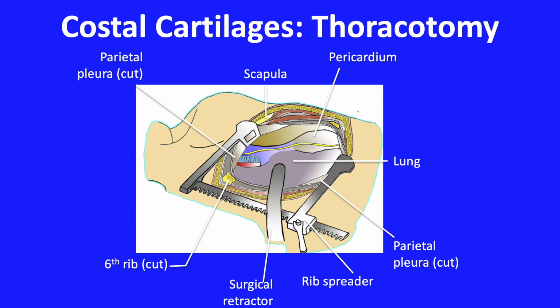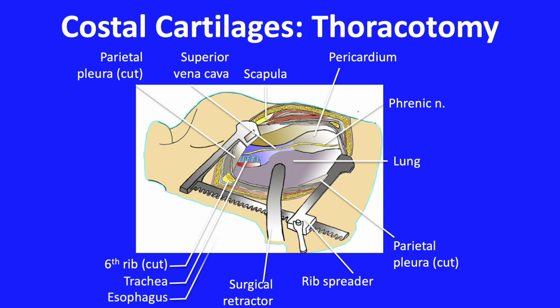The prominent phrenic nerve running anterior to the root of the lung is clearly visible, as is the superior vena cava. Surgeons must be careful also not to damage the trachea and the esophagus found in this area.